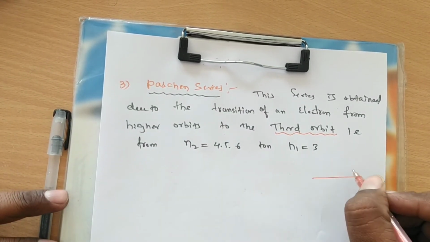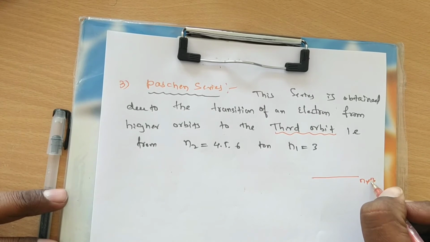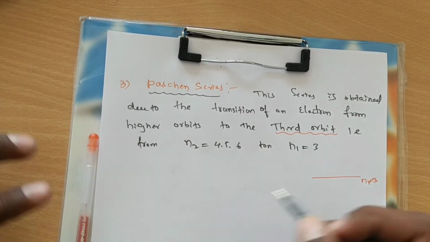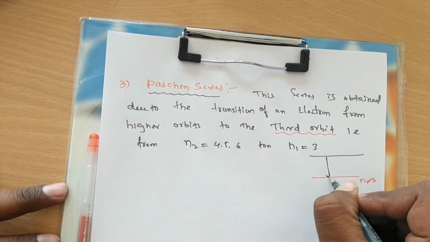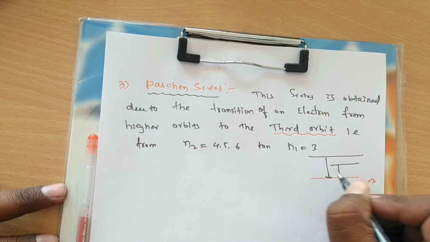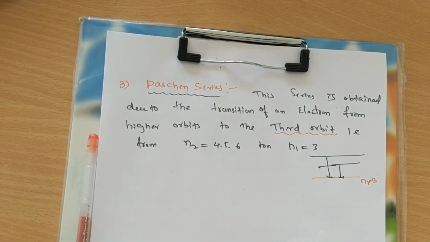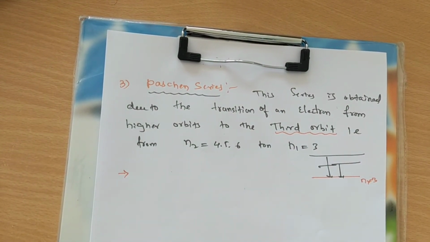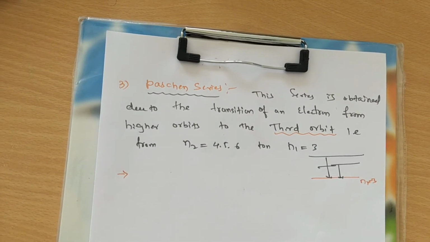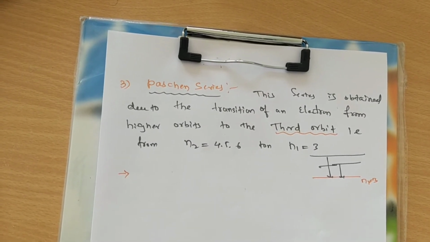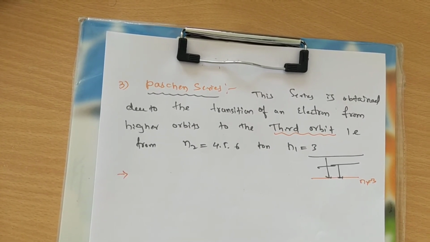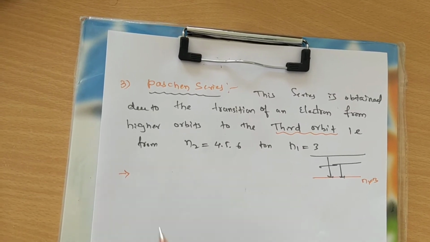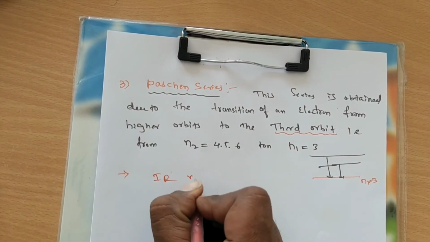This is called the Paschen series and it is observed in the infrared region, IR region.